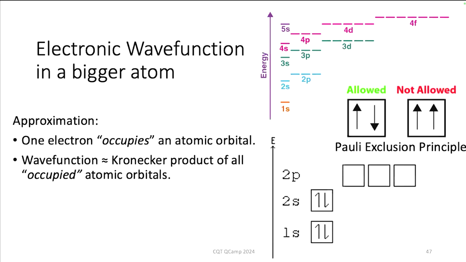So what is the wave function going to look like? Right, the wave function will be an approximation, and then this is the normalization. Like that. 1s spin up on the first electron, and then Kronecker product with the second electron.